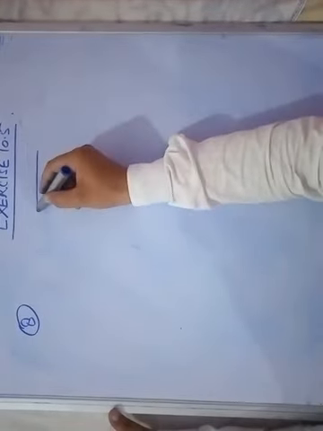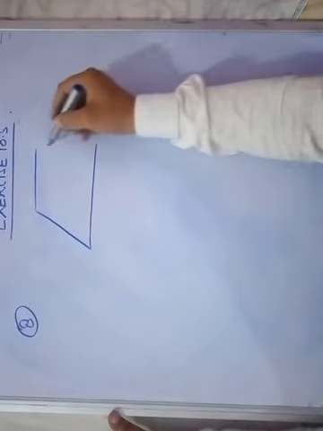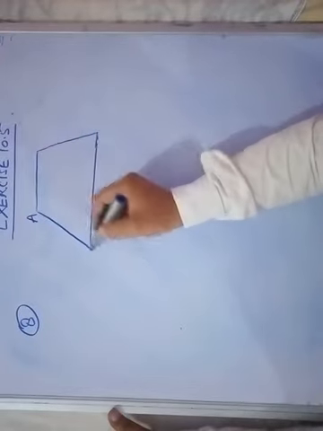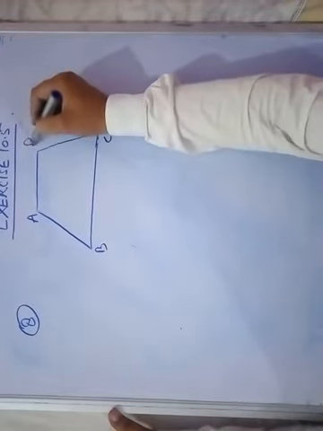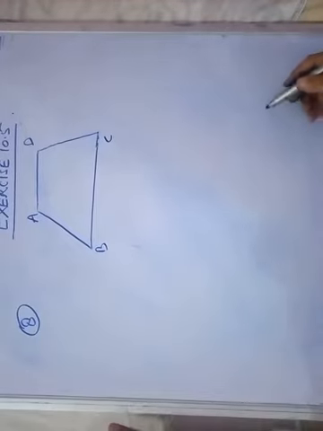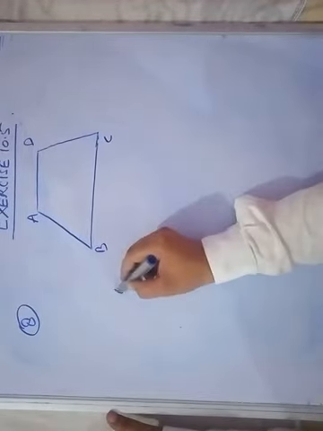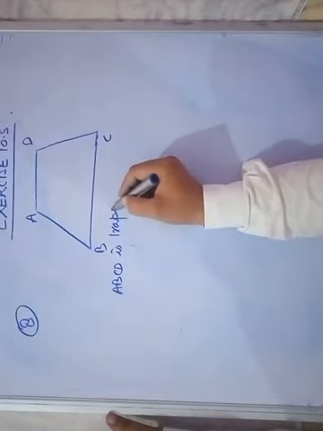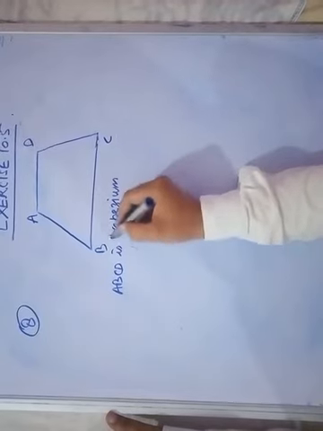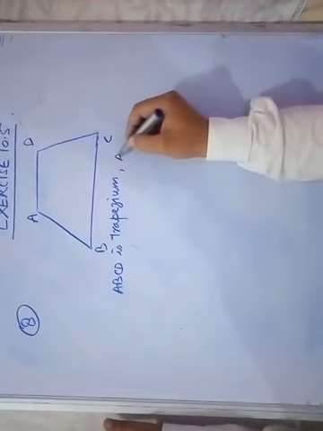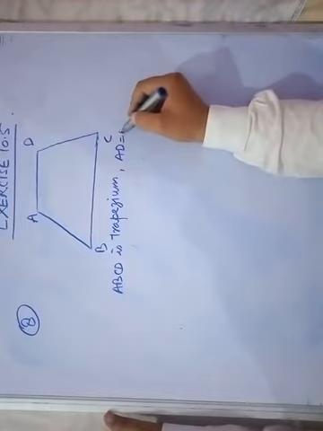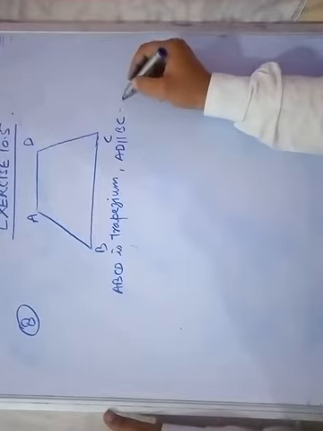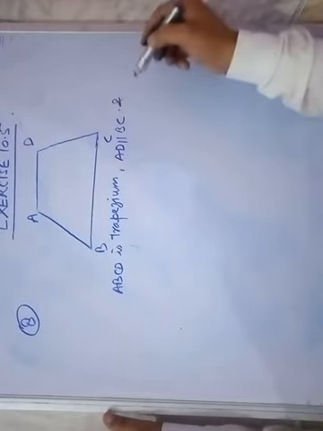Here let this be the trapezium whose non-parallel sides are equal. Let ABCD be any trapezium such that AD is parallel to BC and AB is equal to DC.